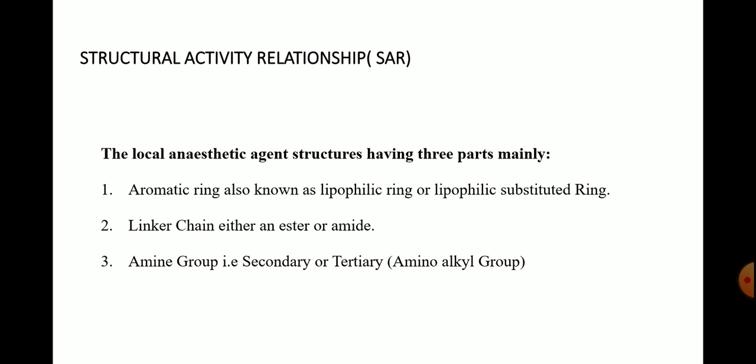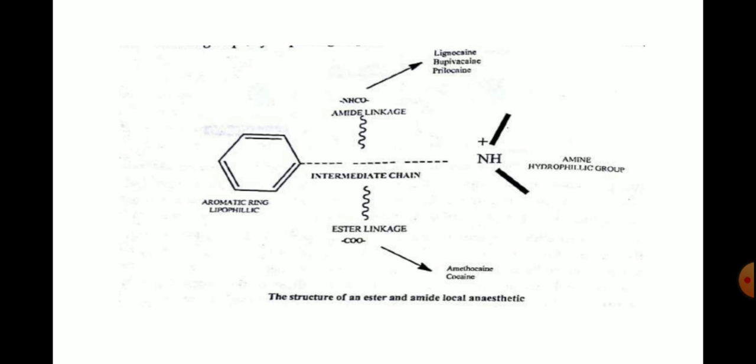Next part is the linker chain, either an ester or amide. Next is the amine group, that is a secondary amine, tertiary amine or amino-alkyl group. So these are the three parts of the local anesthetic agent structure.